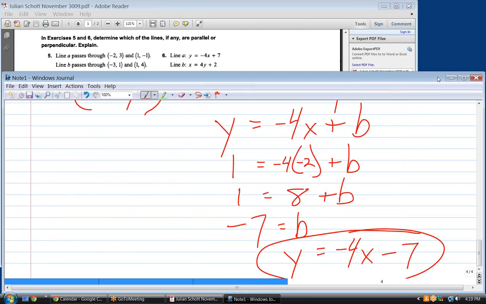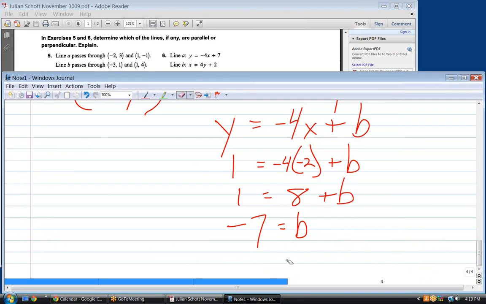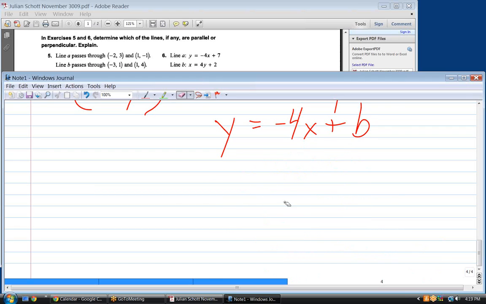What does perpendicular mean in terms of slope? Parallel means same slope. Perpendicular means what? It's two words.